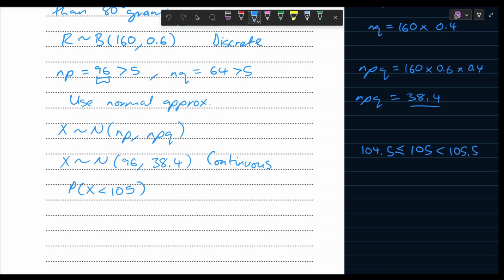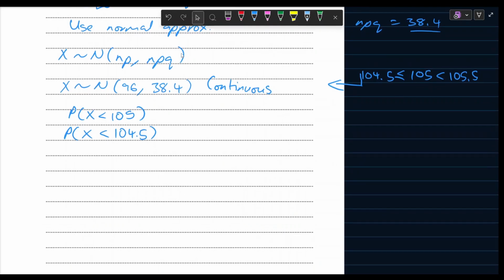So we don't want to include any value from 105. So it means we want to essentially take values that are less than this value and move to the left so that we don't include 105. That means we're taking the probability that X is less than 104.5.